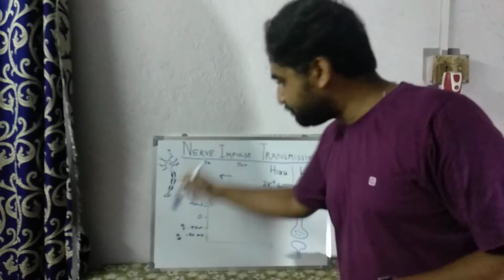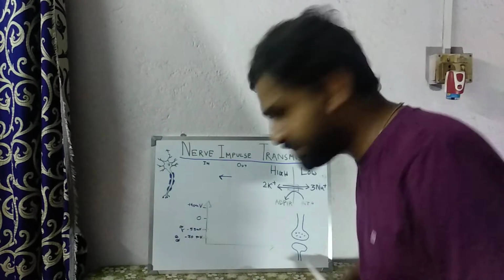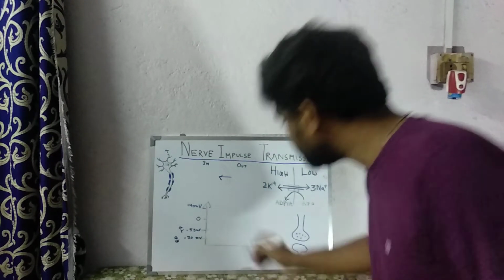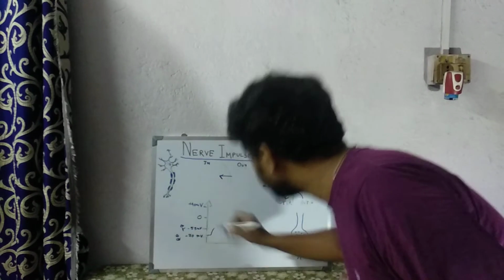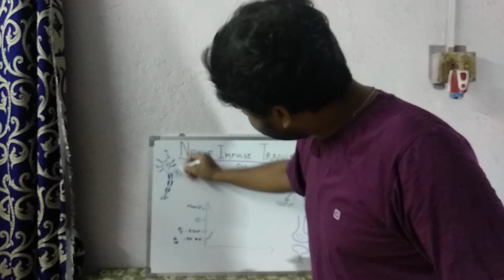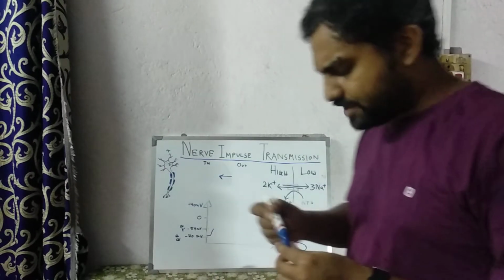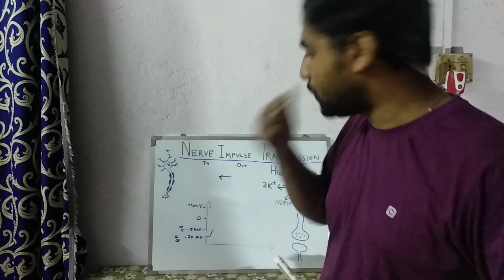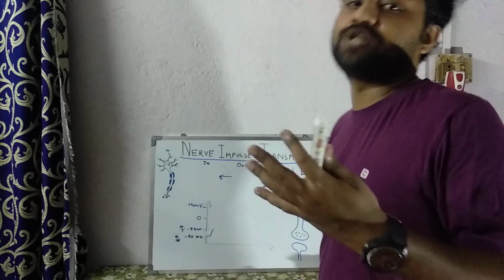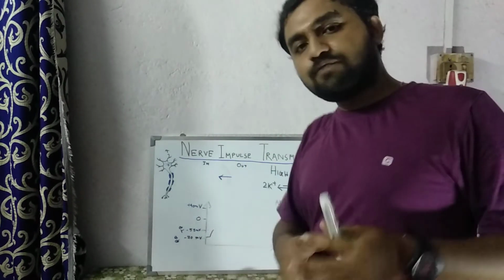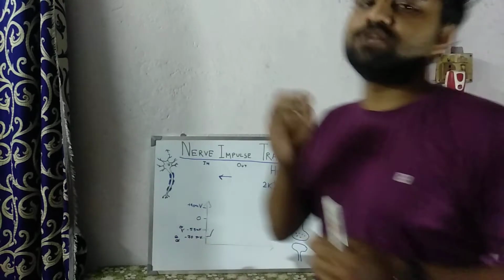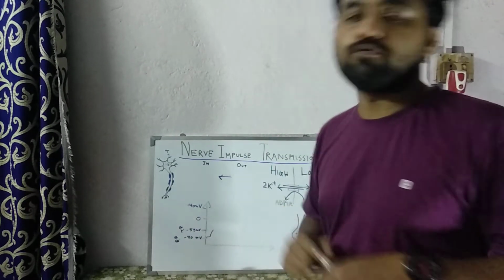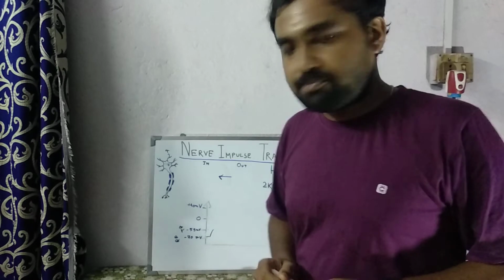This brings the membrane potential up from its resting potential of minus 70 millivolts to minus 55 millivolts. Now there are other ion channels present in the axon or elsewhere in the neuron. Those are called voltage gated ion channels, meaning that they open only in response to certain voltages, and minus 55 millivolts is that particular voltage.